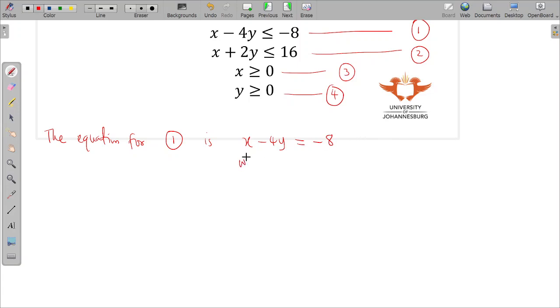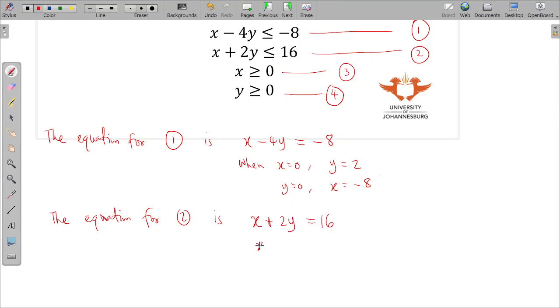So here, when x is 0, y will be 2. When y is 0, then x will be minus 8. Okay, that is for inequality 1. Now the equation for inequality 2 is this one.